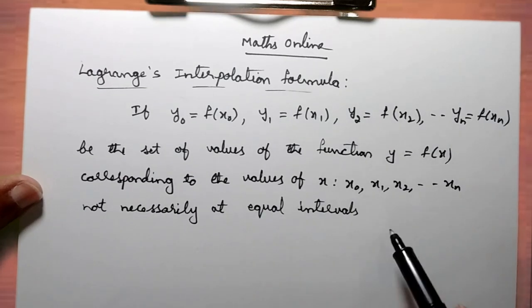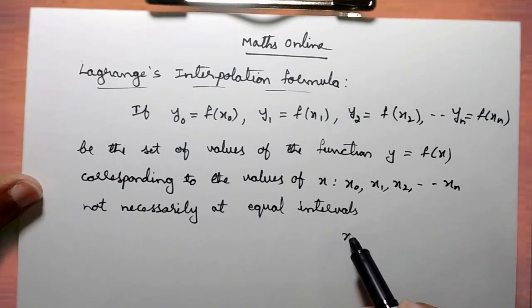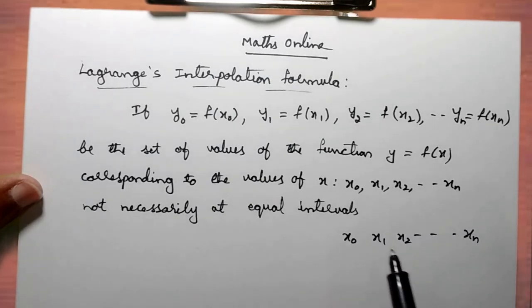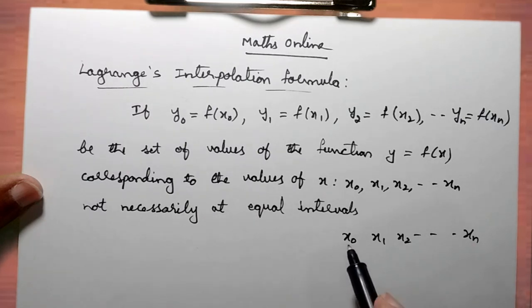So what does this mean? That means you have the values of x, that is x0, x1, x2 and so on up to xn. The corresponding function value at x0 will be f of x0, or f of x0 can be written as y0.